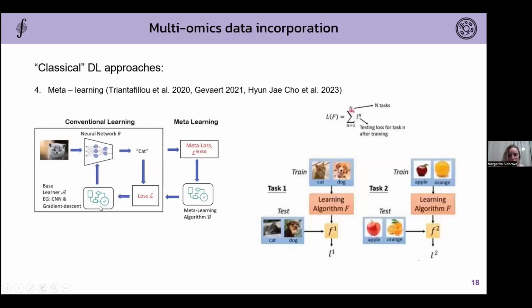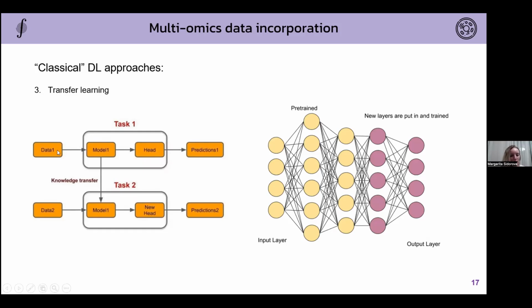For example, we have some data in task 1 and we make a model, and then we can take this pre-trained neural network, without the last layers, and put other last layers here, and this neural network will work with your other task, with other data.